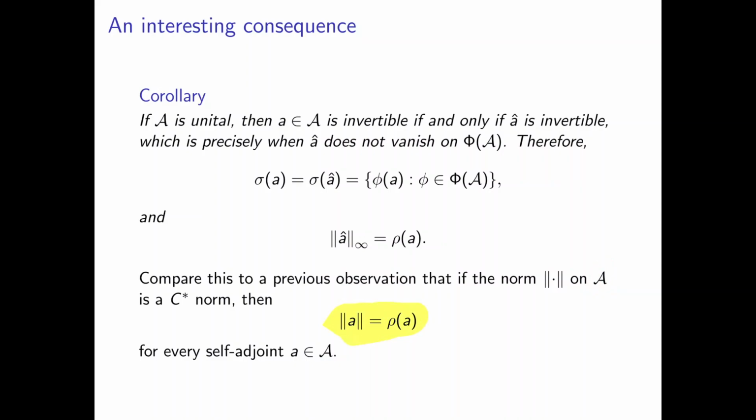And therefore, the norm on a C-star algebra is actually intimately tied to the spectral radius. And this is also something that is going to come back later on in this video. So I just want to bring it up and look at this contrast here. So with the Gelfand transform, the norm is always going to be tied to the spectral radius. And then when we talk about C-star algebras, we have a norm that is intimately tied to the spectral radius again. So we're going to see this play out later on.